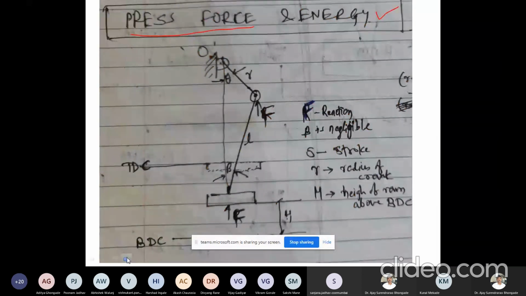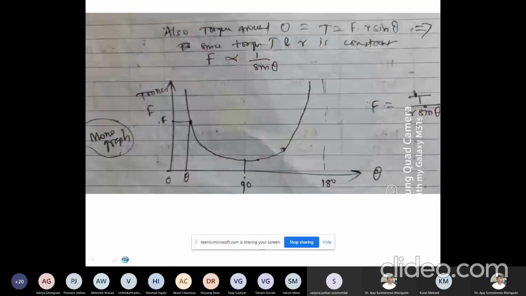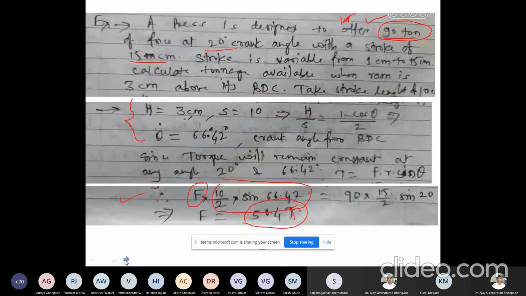Energy for the press will generally be supplied from the crank mechanism as well as the flywheel which has been mounted on the crankshaft. The flywheel, as we know, will store the energy when it is not required, and it will release the energy when it is required. So that is the general function of the flywheel, as we see in the IC engine.